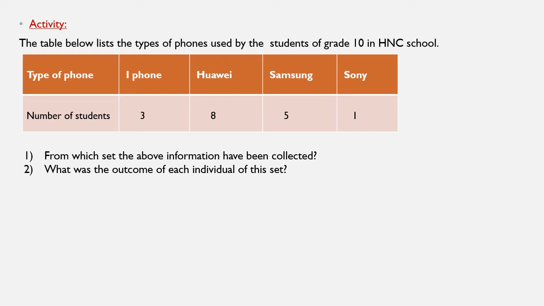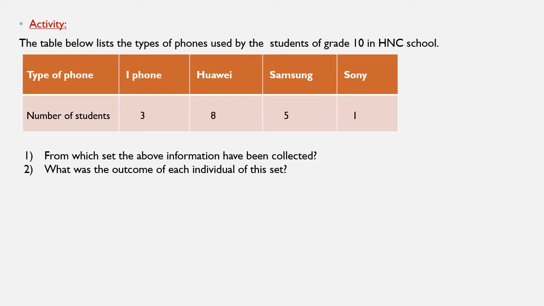Let us start with the questions. Question number 1. From which set has the above information been collected? In other words, from where did I get my information? Of course, the answer is from the students of grade 10 in HNC school. This set, in statistics, we call the population.